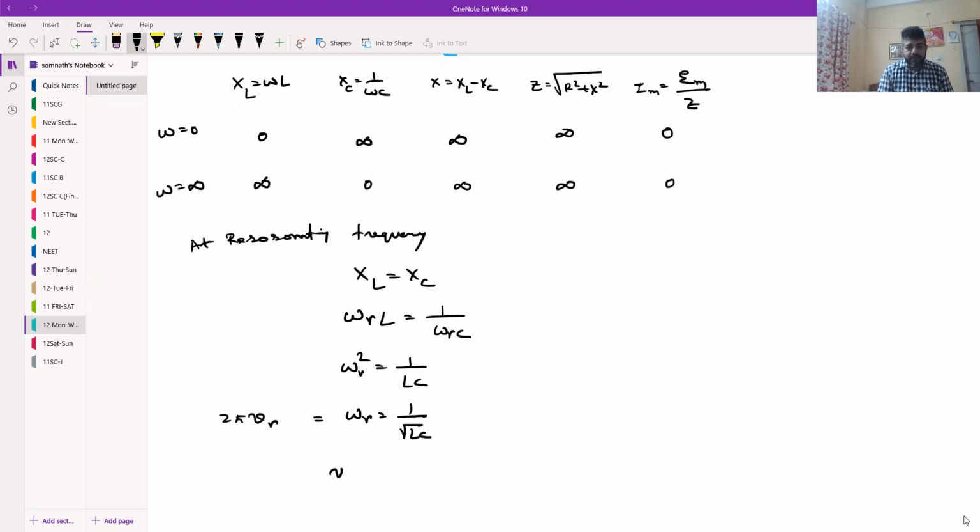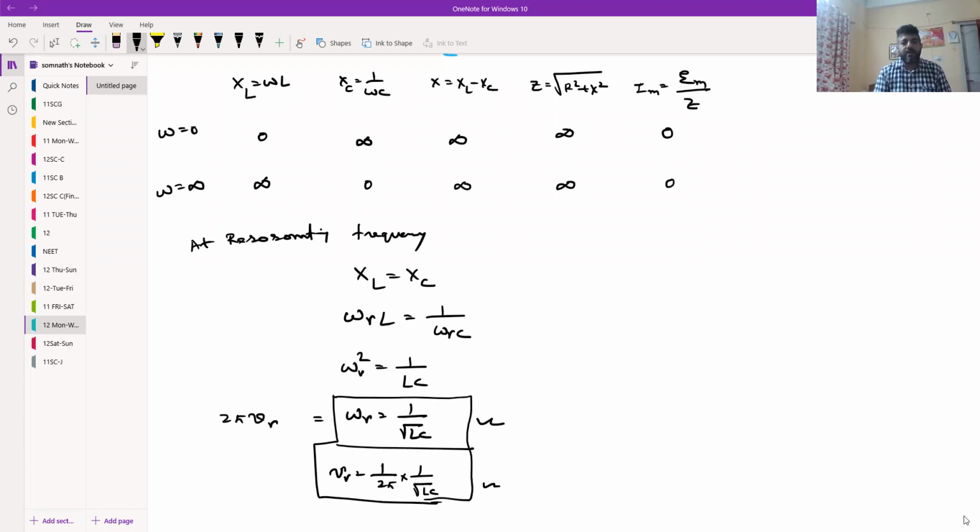So frequency is 1 by 2 pi root under LC. So these are the two equations you have. That is the first very important thing.